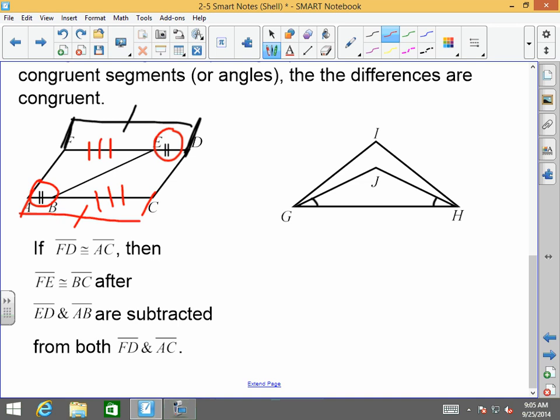Does that make sense, guys? You promise? Okay. Same thing with the angles here, guys. Who can tell me what you can conclude from this? If I tell you that JGH is congruent to FHG, what do you think can happen here?